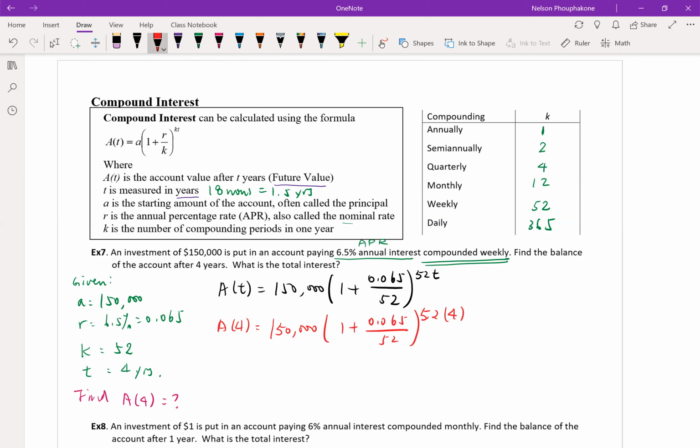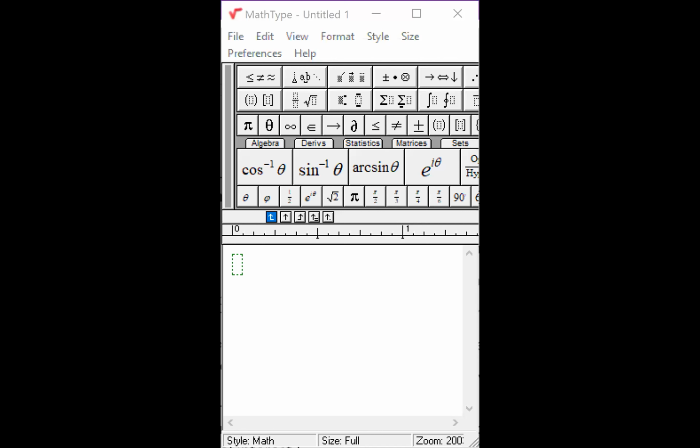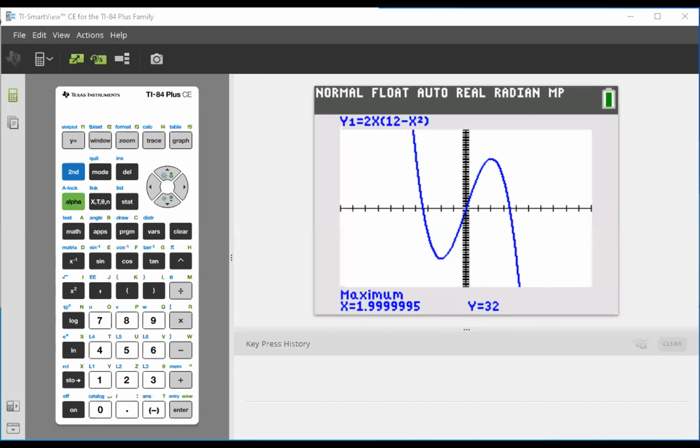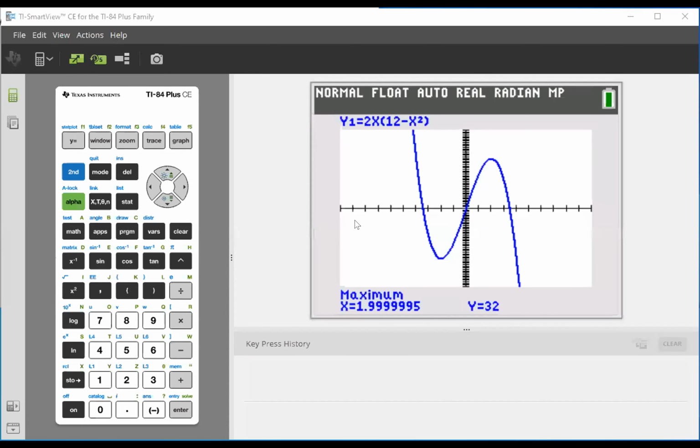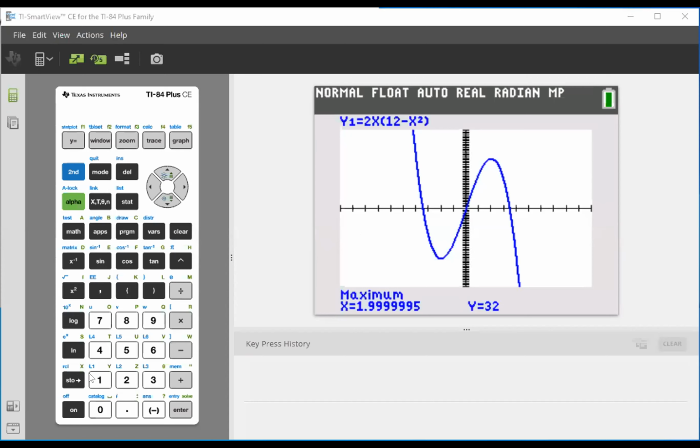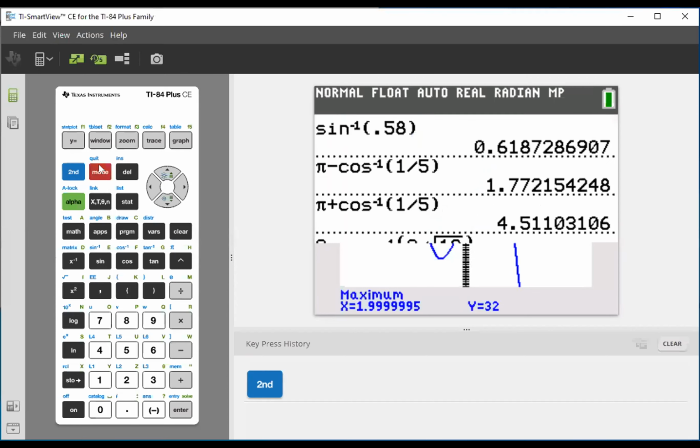Okay, so then now let's use a calculator. What I need to do here is go to the home screen.